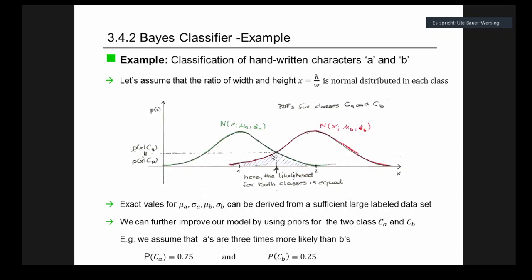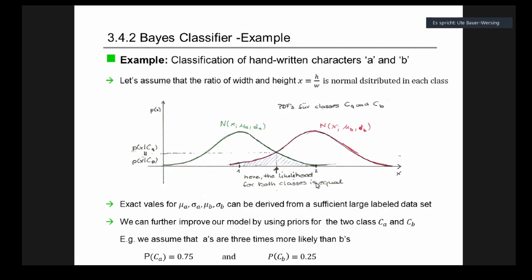At this point, you have equal probability. As I already said, the exact values for the parameters of this parameterized density function can be derived from a sufficiently large labeled data set. So we can extract these likelihoods directly from training data.